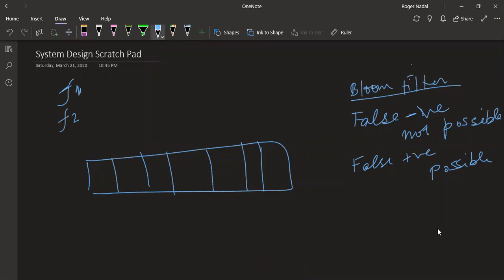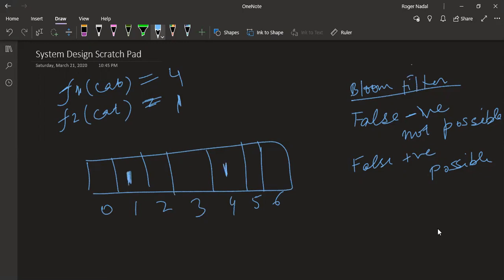For example, my word is cat. My buckets are 0, 1, 2, 3, 4, 5, 6. It will not be that small, but it is just for demonstration. The hash function f1 is telling me it goes to a bucket, say 4. F2 for cat is saying it should be in 1. All right. So what you do is turn those on: 1 is turned on in 4 and 1 is turned on in 1. So you record that cat is possible.